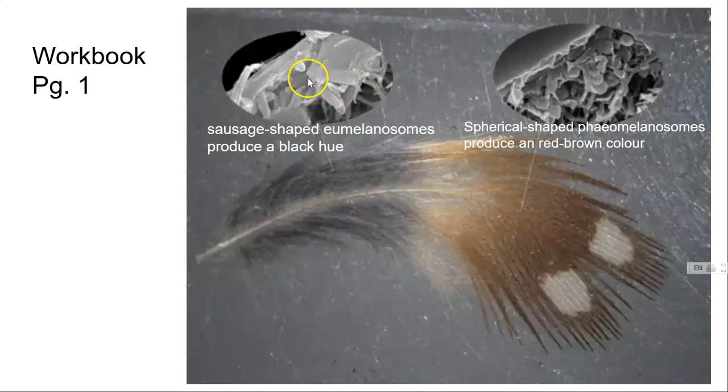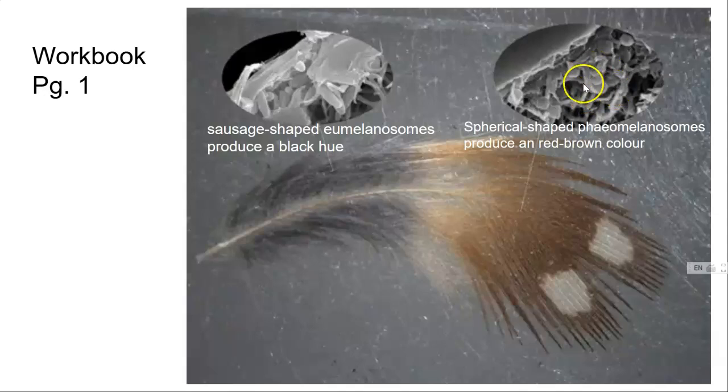So the sausage-shaped melanosomes, if these were found in the fossils, that meant that that area was black. Okay, now if the melanosome was round, this would give off a reddish color. We were able to deduce this because we know that our red-tailed hawks that we have today in our world, they have melanosomes that look like this.